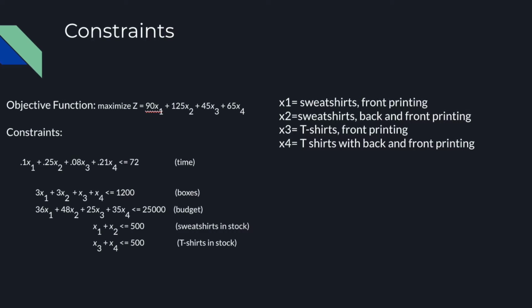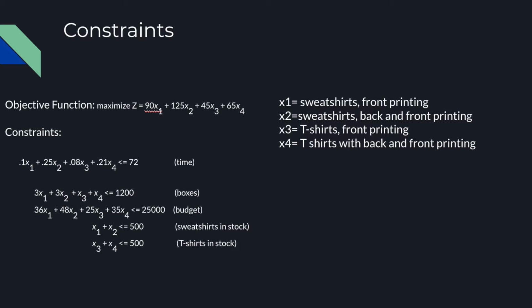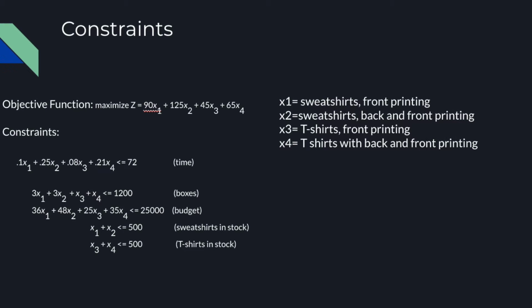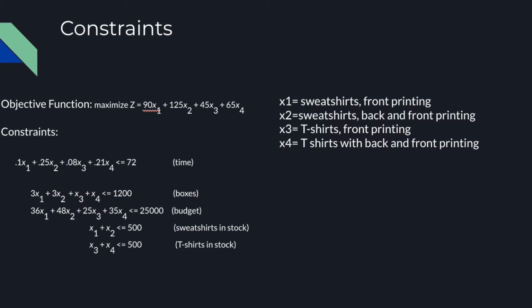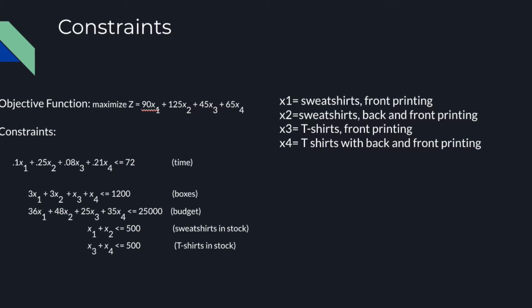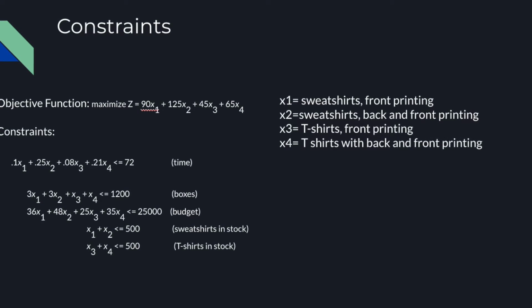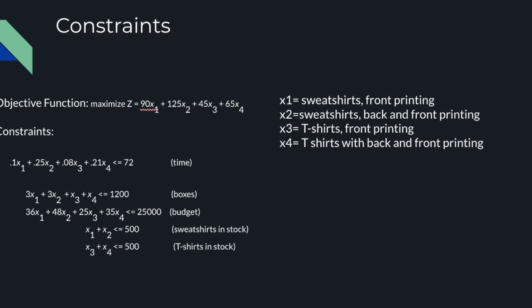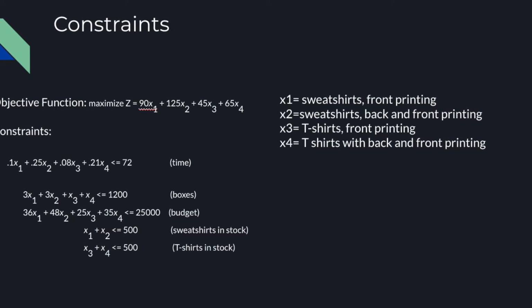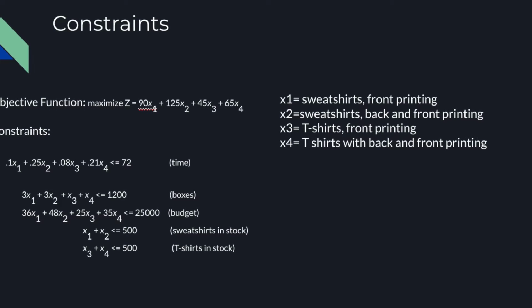But as for constraints, we only have 72 hours to produce all of these shirts, so all of the time that will be spent making each sweatshirt and t-shirt has to add up to be less than or equal to 72. We have a maximum of 1,200 boxes that these shirts and t-shirts can fit in, so you'll see that just under the time constraint.